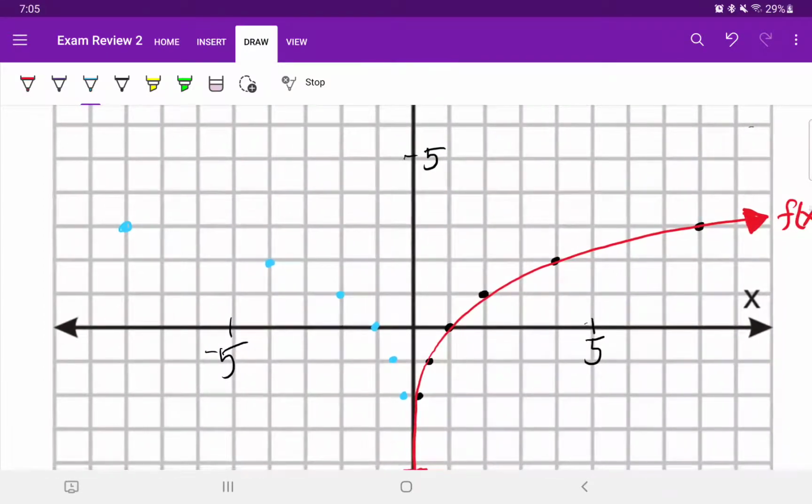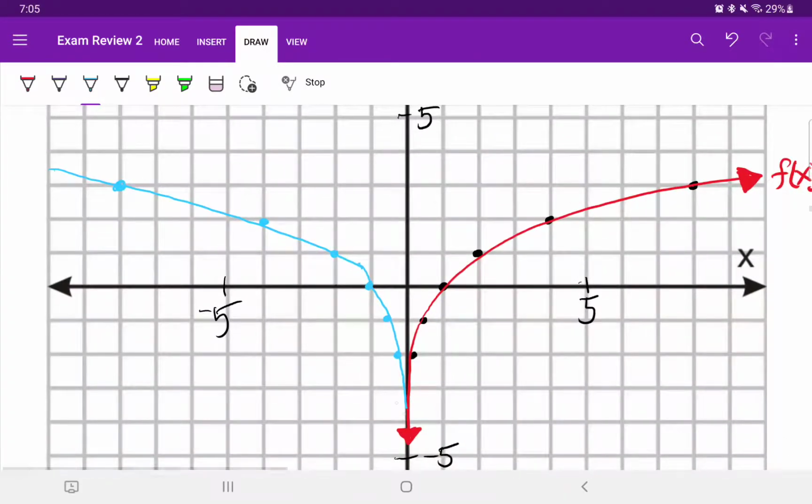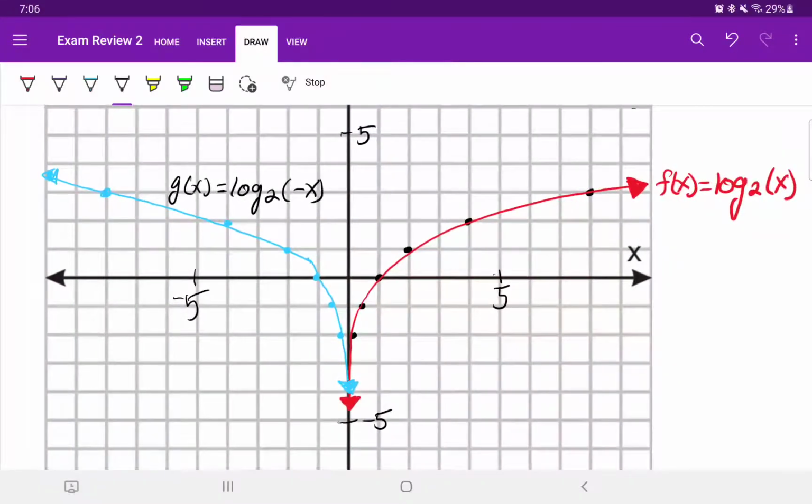Let's draw that line to the best of our abilities. This one's going to be kind of hard. Okay, I'll leave it right there. I tried my best. But yeah, this will be the function g of x equals log base 2 of -x. We reflected every point across the y-axis, changing the sign of every x coordinate.